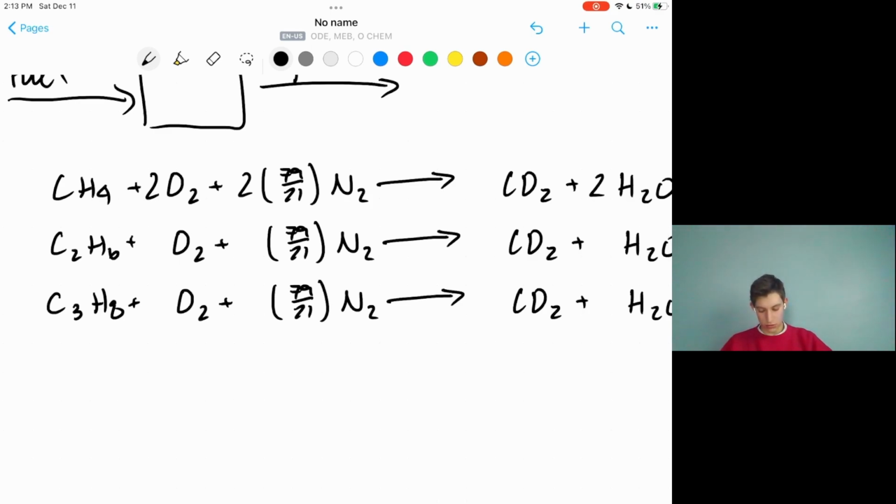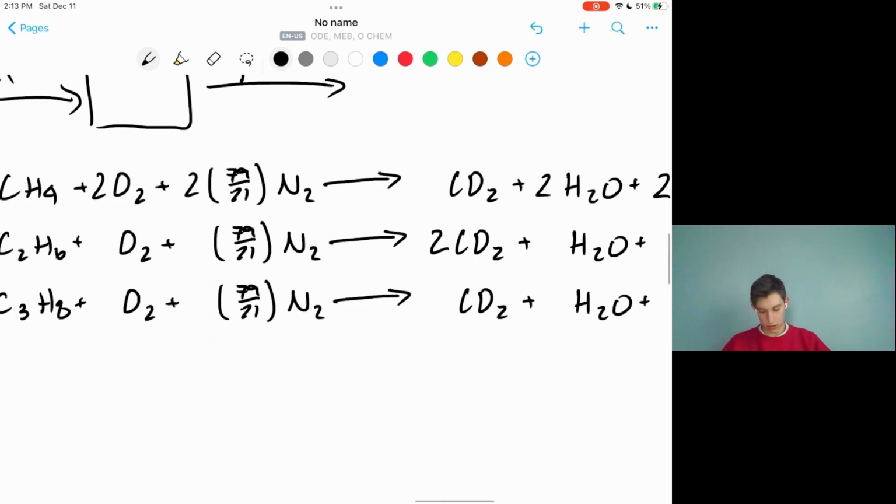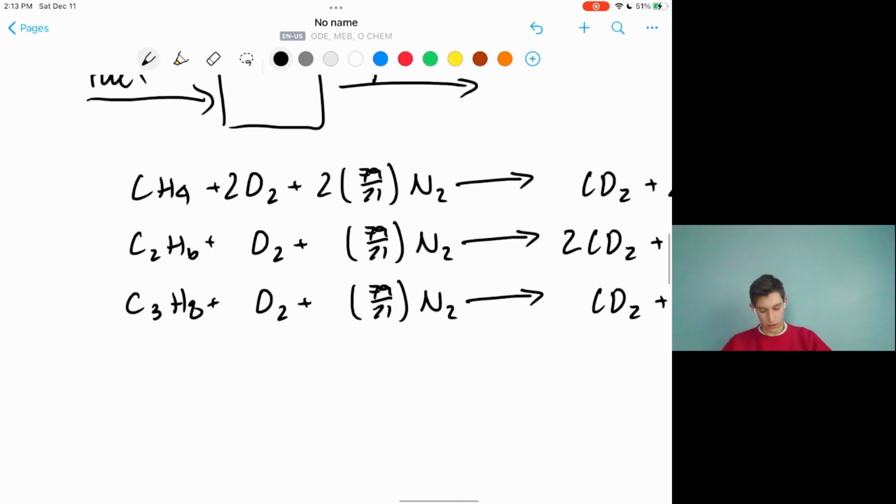So the second equation with ethane, we have 2 carbons on the left, so that means we're going to need to put a 2 in front of the carbon dioxide. We have 6 hydrogens on the left, so I'll give water a 3. So on the right, we have 7 oxygen.